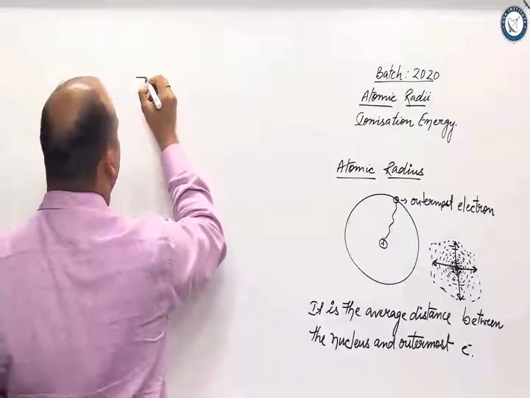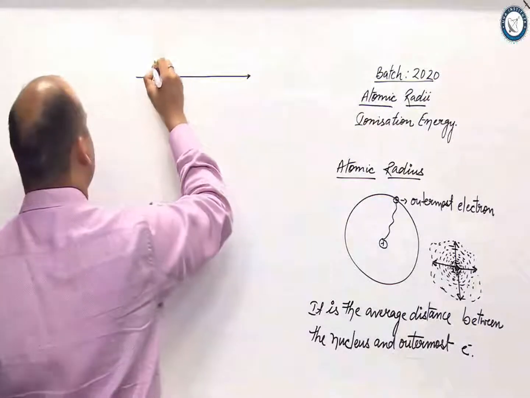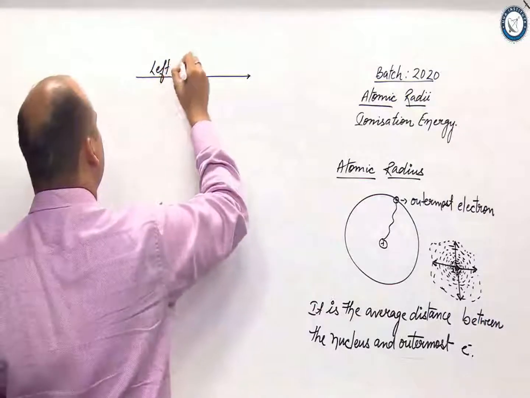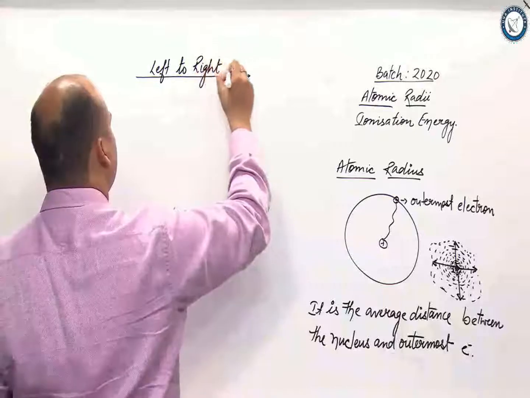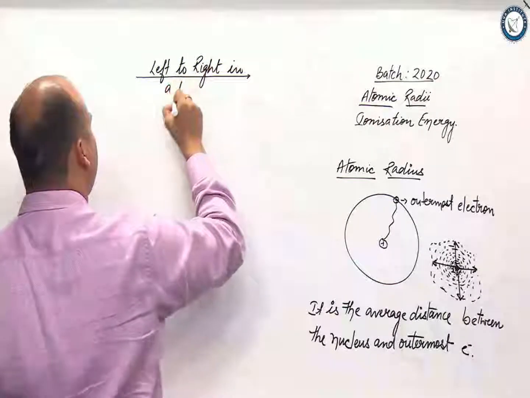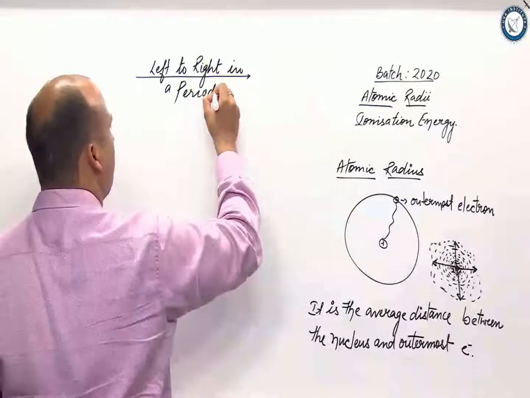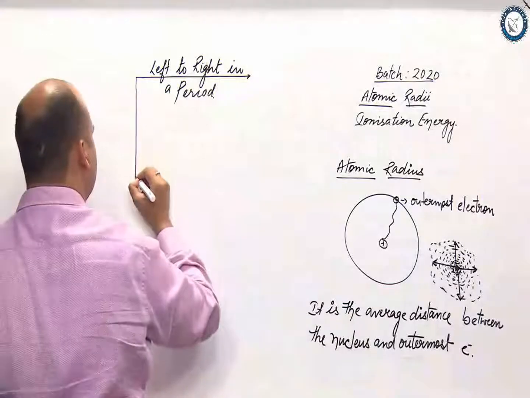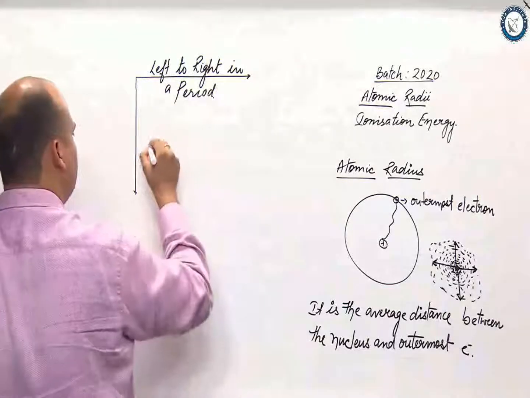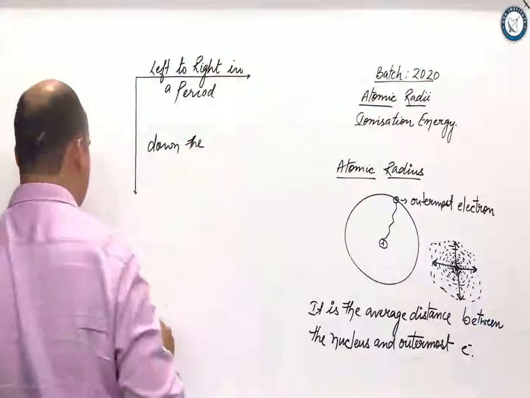See, in a periodic table there are periods, so it is like left to right in a period. What are periods? Periods are horizontal rows and down the group. What are groups? Vertical columns.